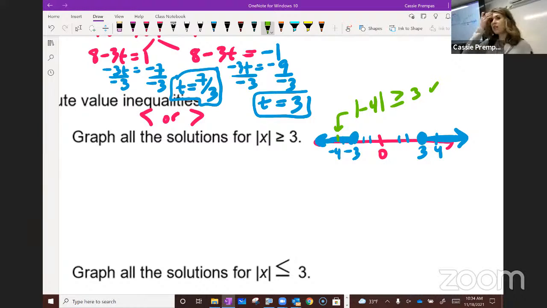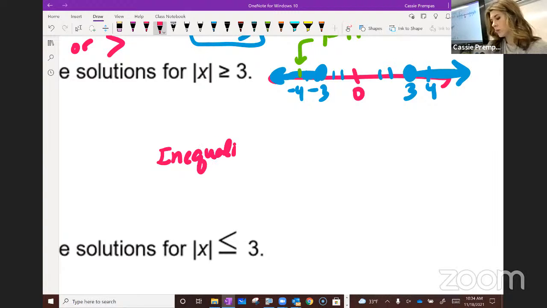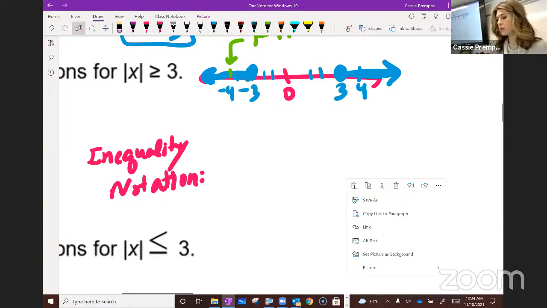Now, to help us understand these answers even better, I'm going to ask you to write your answer in inequality notation. That's not interval notation, so I'm actually not looking for the parentheses and the brackets here. So how do we write these answers in inequality notation?